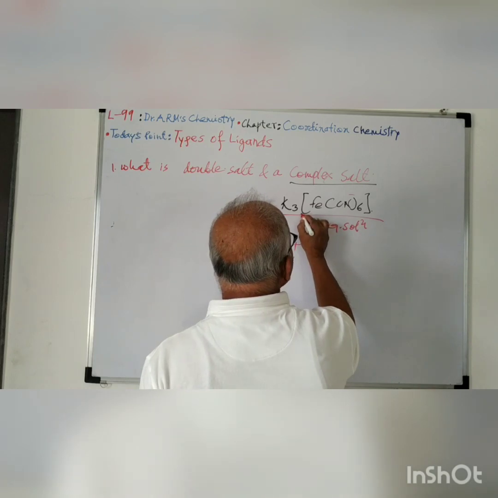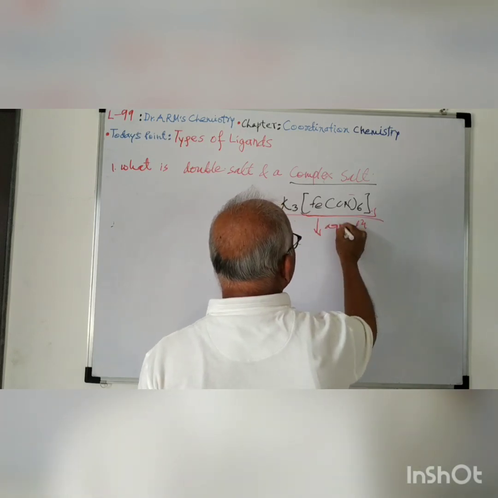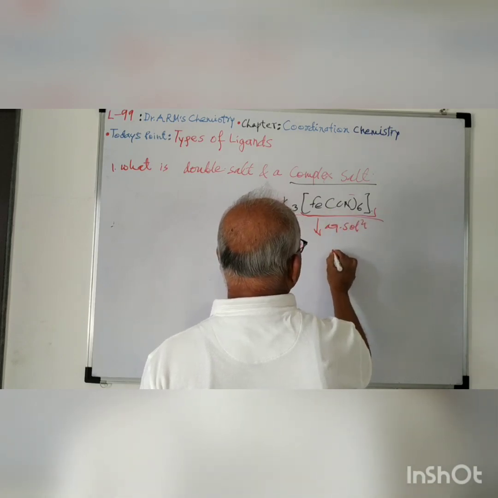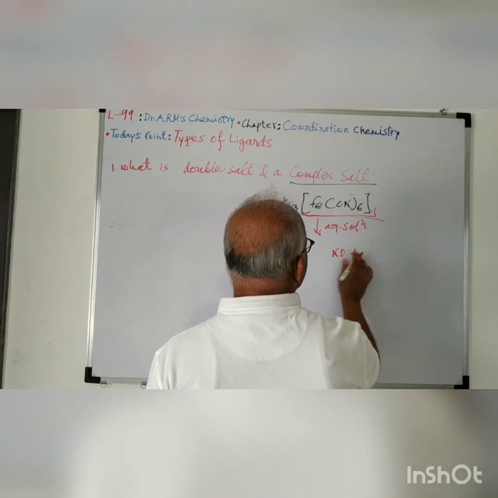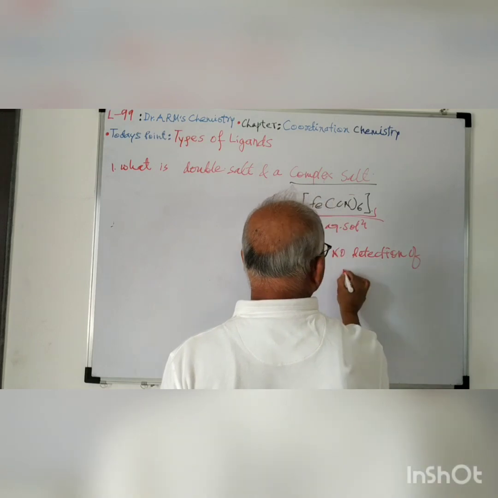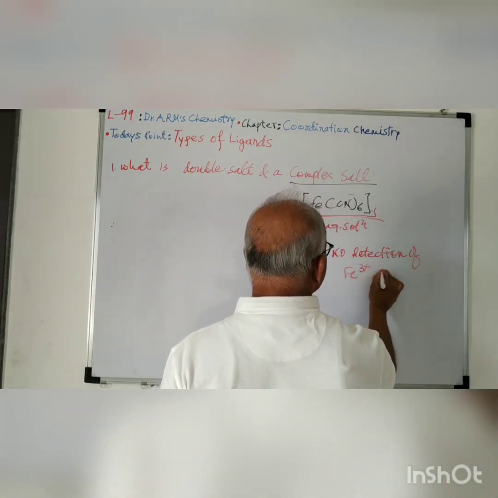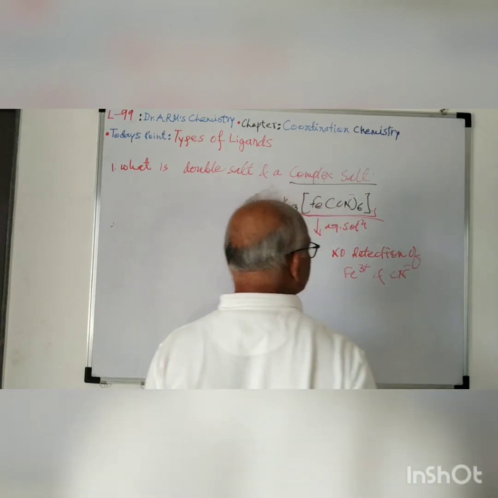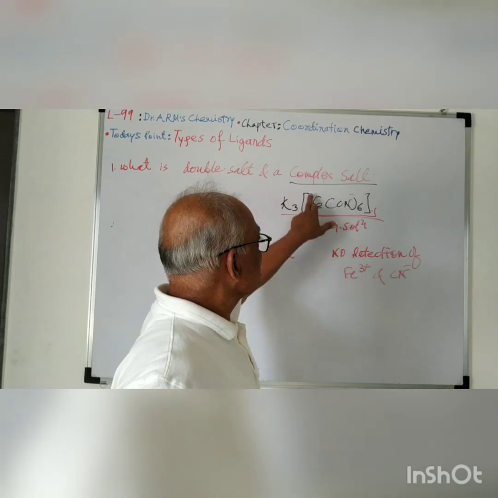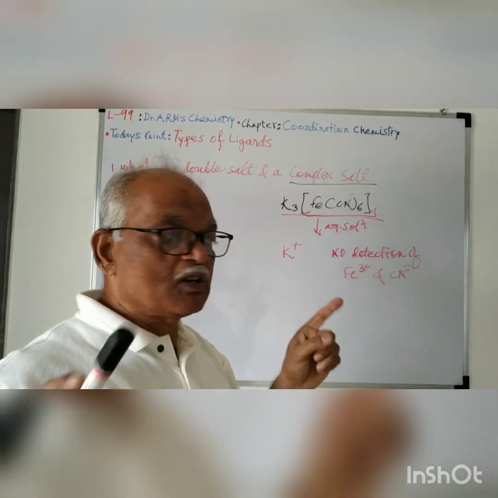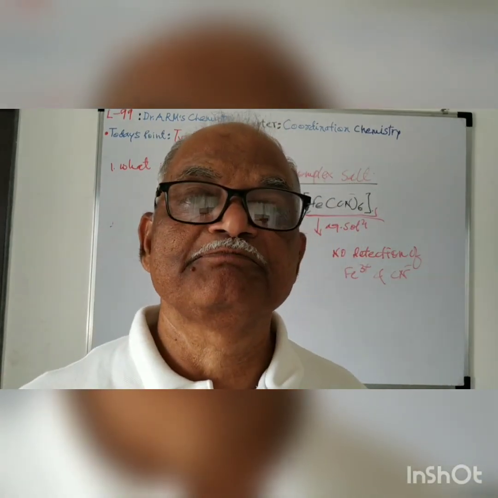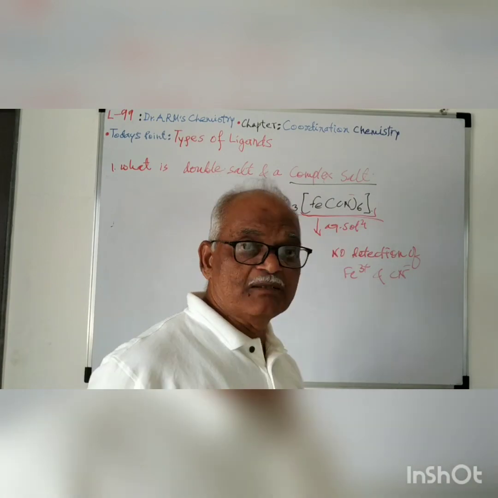But we cannot detect the presence of Fe3+ and Cl minus. The entities shown in the square bracket do not show the presence of Fe3+ and Cl minus.